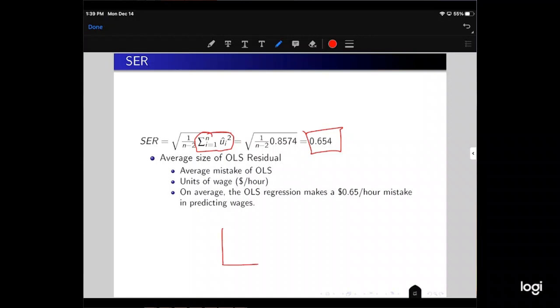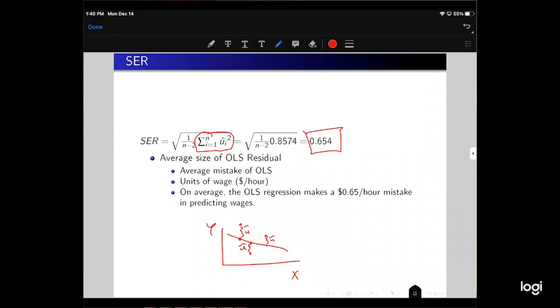When we're talking about the residuals, here are the data points, right? If we have a couple of data points, we have the predicted values that fall on the line, and the residuals are the difference. I'm going to put hats over those. The standard error of the regression is telling us the average size of those residuals.